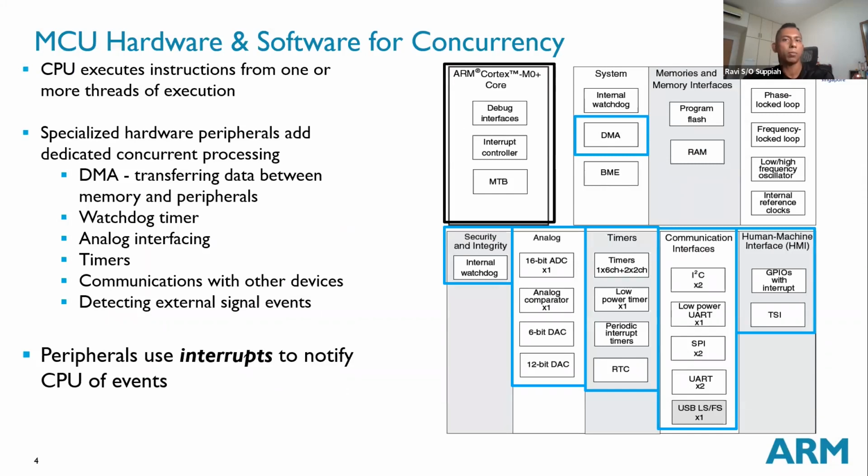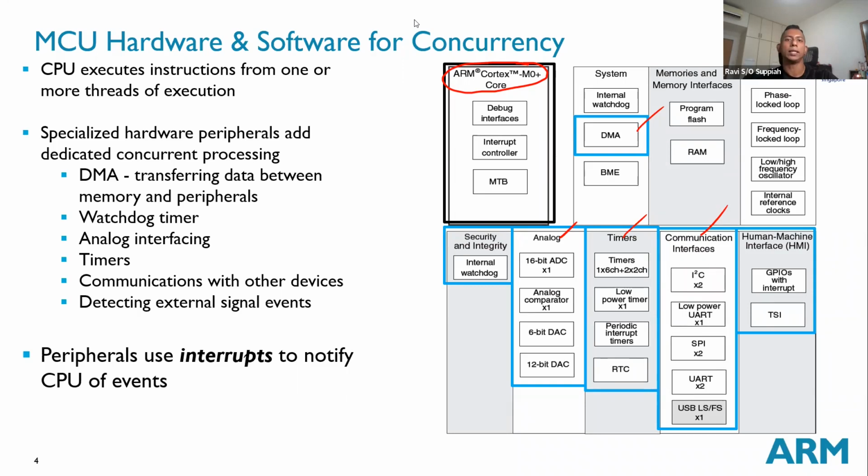We talked about this last week, where we said that the microcontroller itself already has its own processor core. In this case, ours is the ARM Cortex M0 plus core, followed by a whole bunch of peripheral subsystems, like analogs, timers, communication, DMA, and so on. All of this helps us have a complete system that is able to work together well.